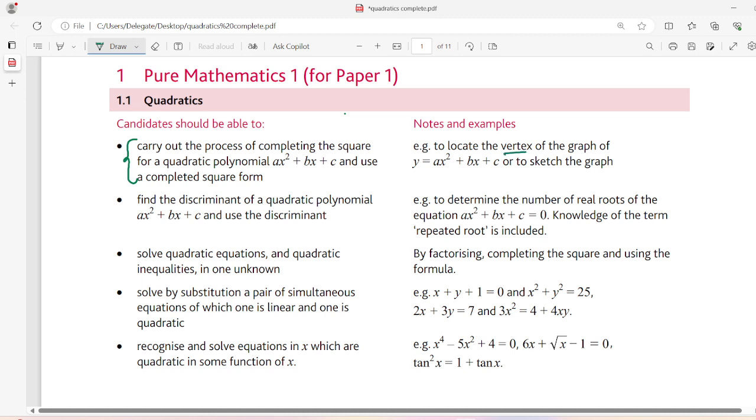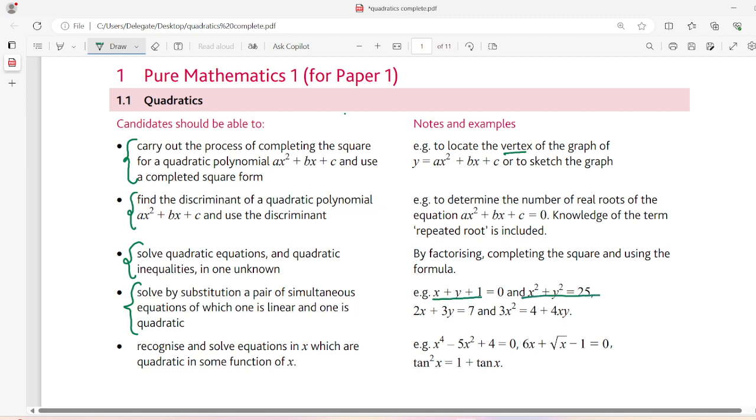We should be in position to know what a discriminant is and be able to use it. We should be able to solve quadratic equations and quadratic inequalities. We should be able to solve simultaneous equations where one is linear and another one is quadratic. For example, this is a linear equation and this is a circle.